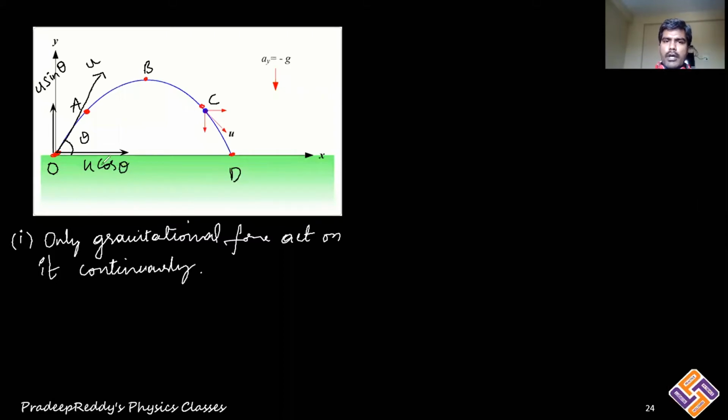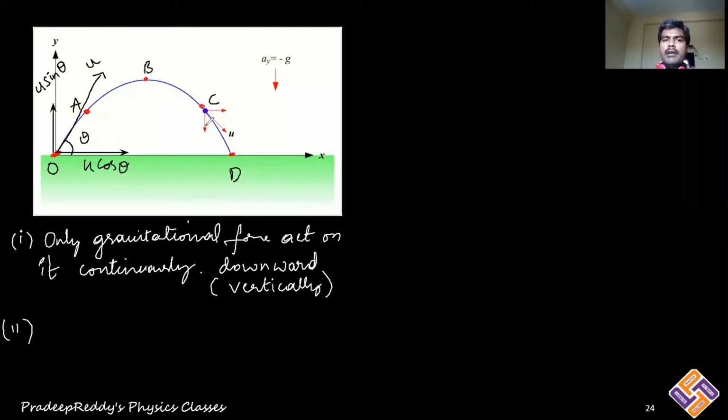Of course, you are providing some velocity initially to the body, but you are not continuously pushing it. You are just giving some initial velocity to the body, and once it is projected, it is under the influence of gravitational force. There is only one force acting on this body, and that gravitational force is in which direction? Downward, and this is purely vertical.